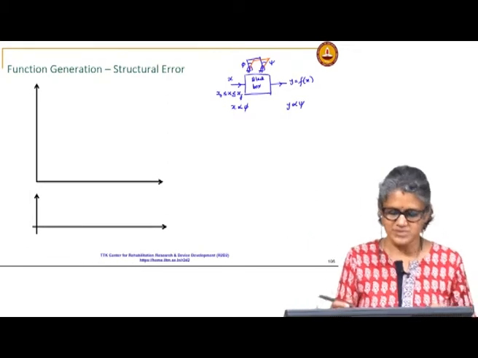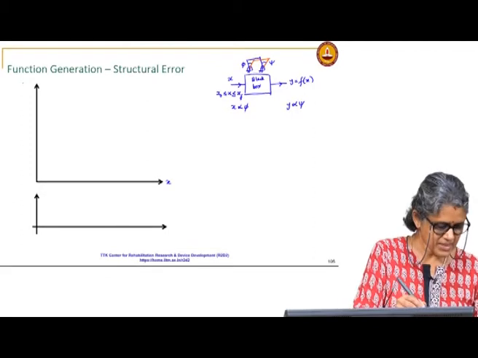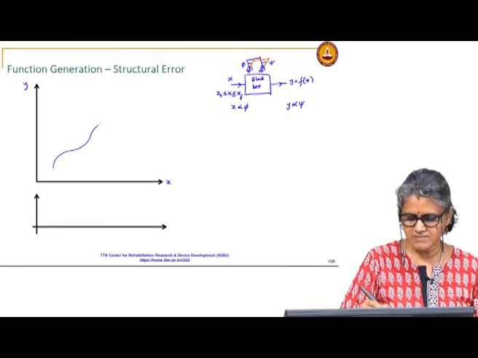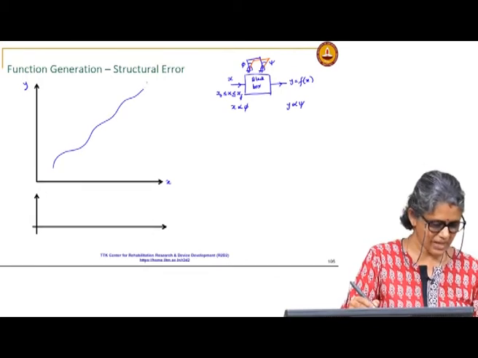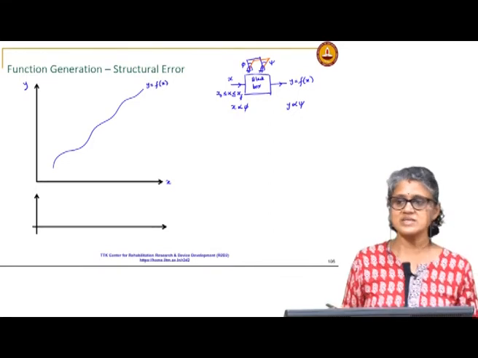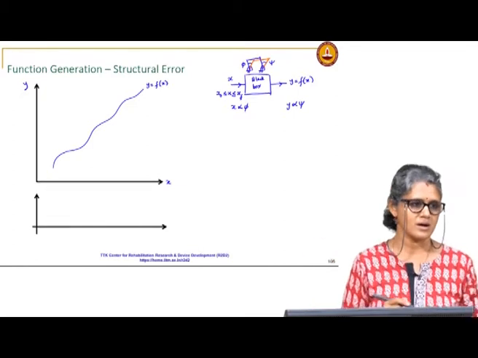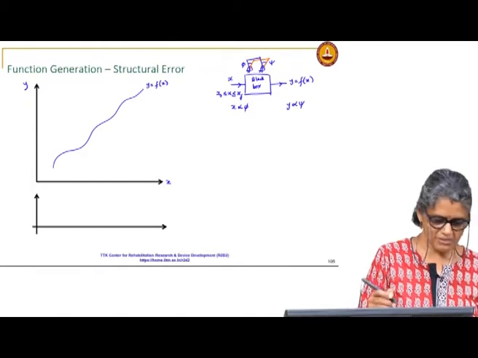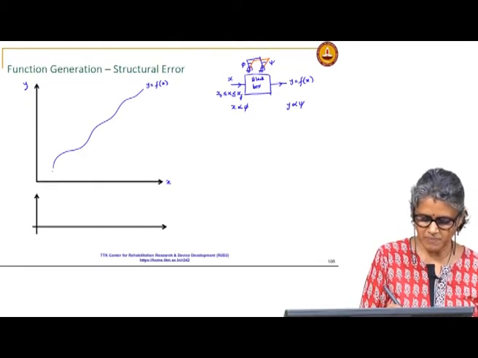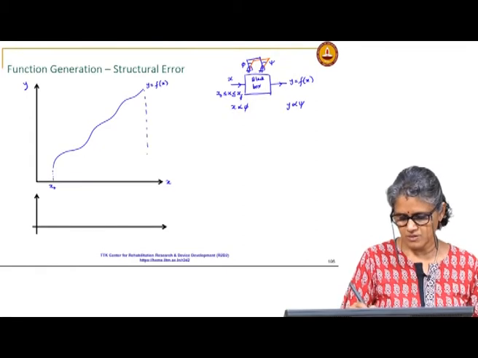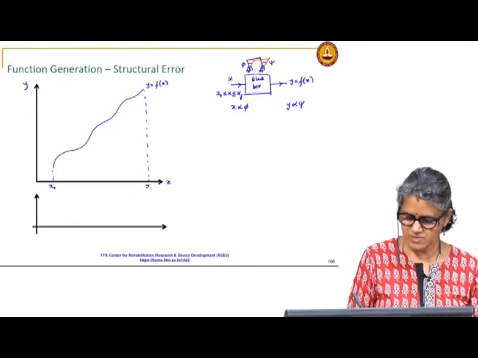So if this is x, this is y, and say I am looking for a function that does this, I have y equal to f of x, which is the desired behavior I am looking for, say from x naught to some xf.